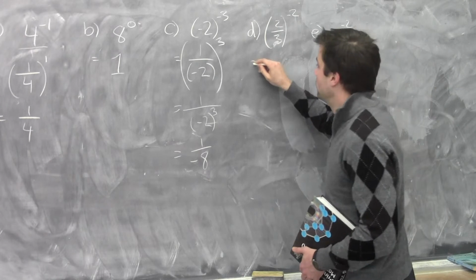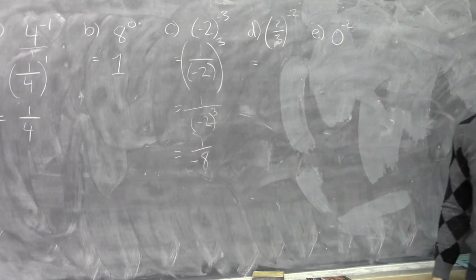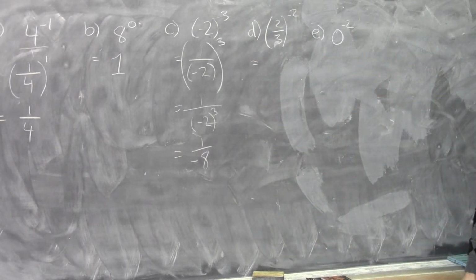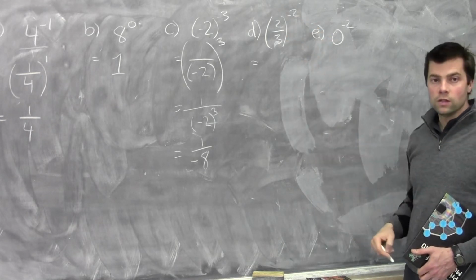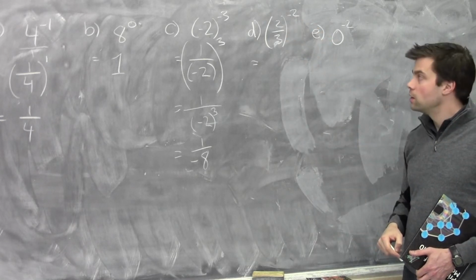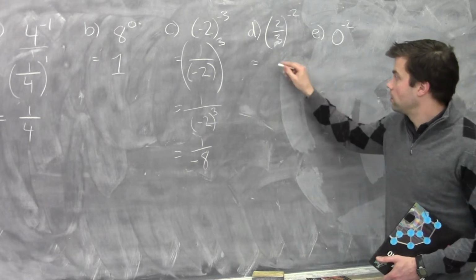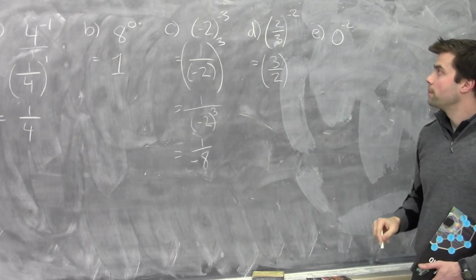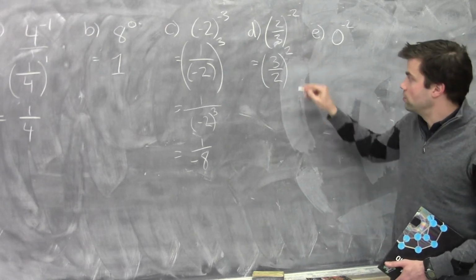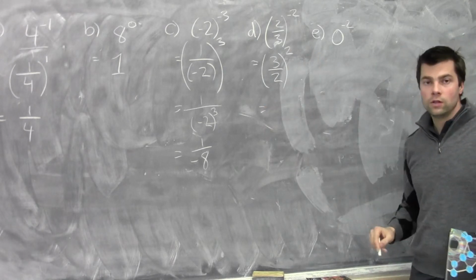No? Okay, next one. Devono? The first step, when we see a negative exponent, we do what to the base? We flip it, so 3 over 2. Excellent. 3 over 2, good. In brackets, to the exponent 2. Good, positive 2. And now that's going to be equal to?